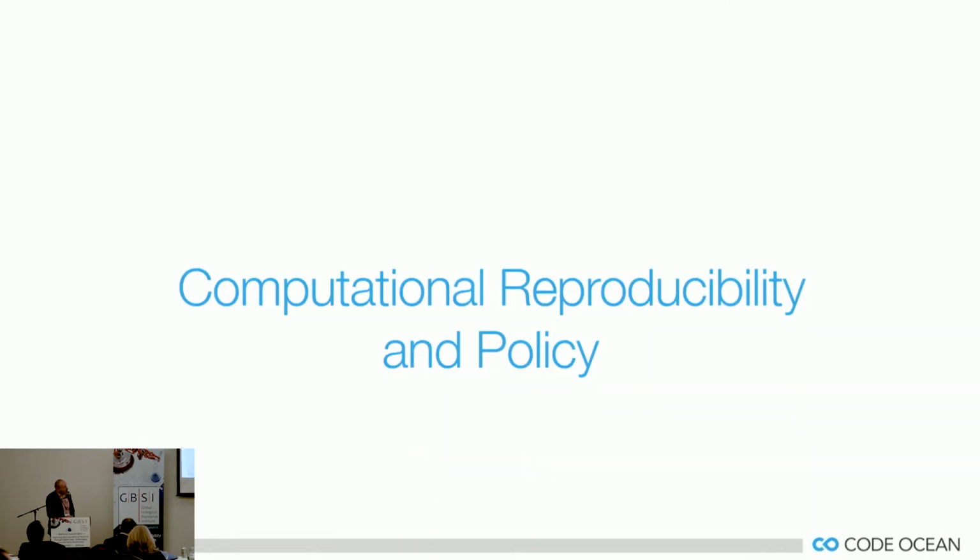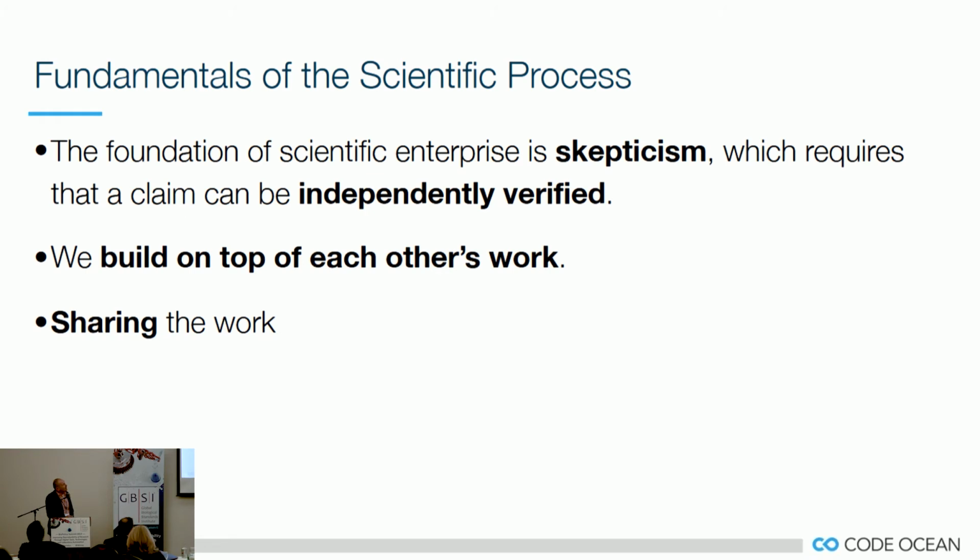Going back to computational reproducibility, fundamentals of the research scientific process is skepticism. And the reason that we have peer review is that we need to verify that a claim can be independently verified.